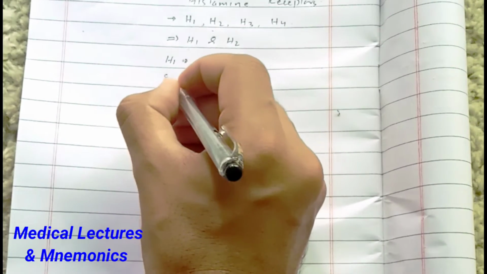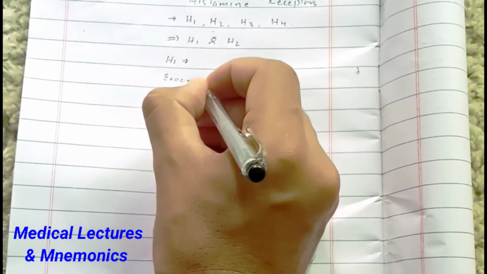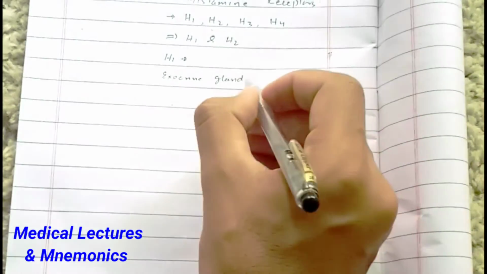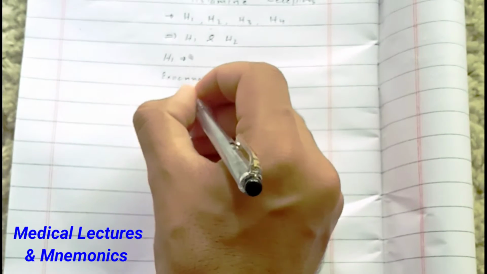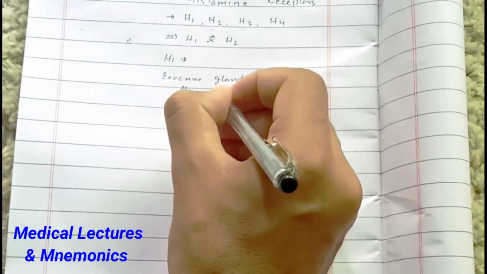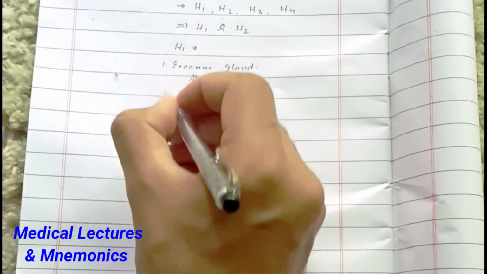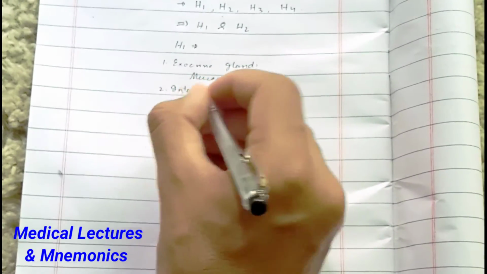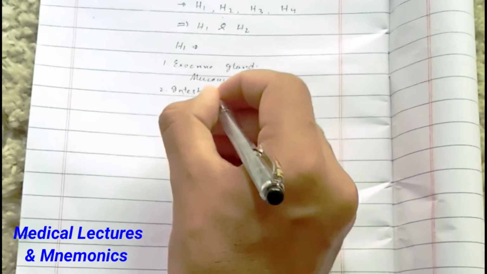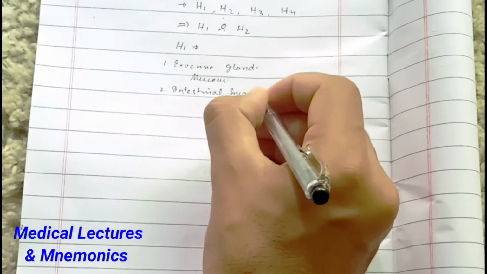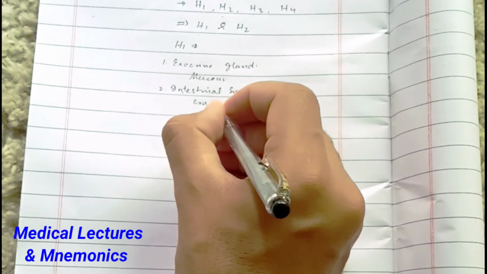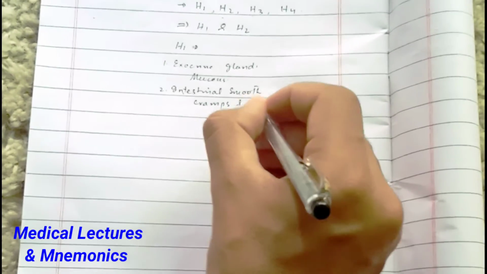It will act on the exocrine glands of the nasal passages and bronchi to produce mucus. Second, it will also act on the intestinal smooth muscle, and it produces cramps and diarrhea.